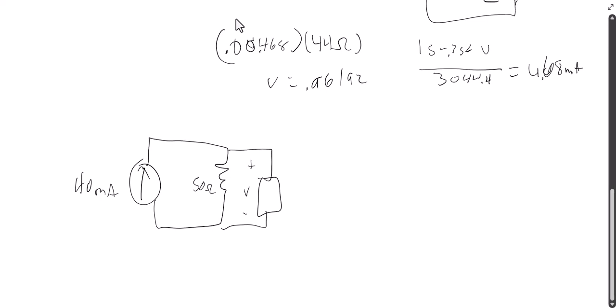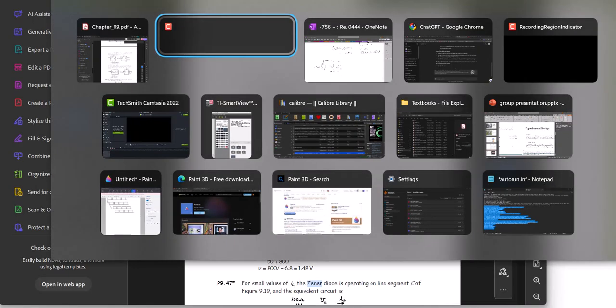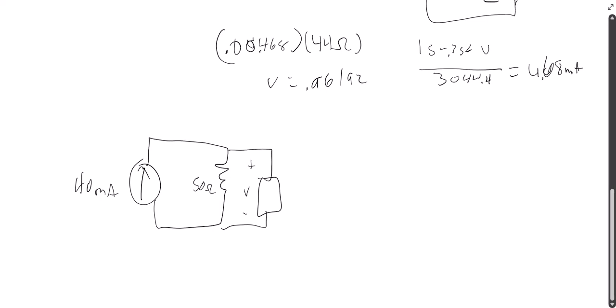Now, for the second one, we have to try to decide under what condition it's operating, and I don't know how to tell just from looking. Yeah, so all you can do is try out the different models and see which one works.